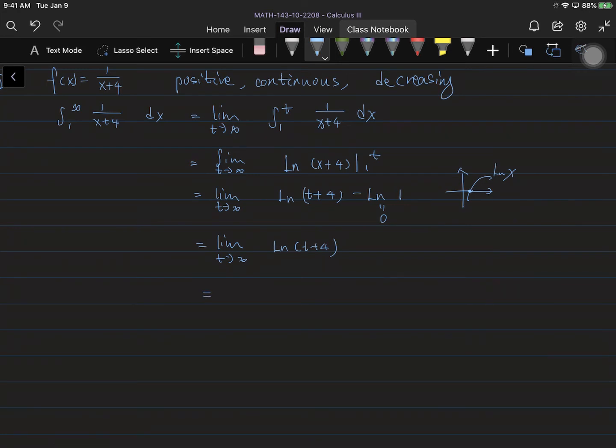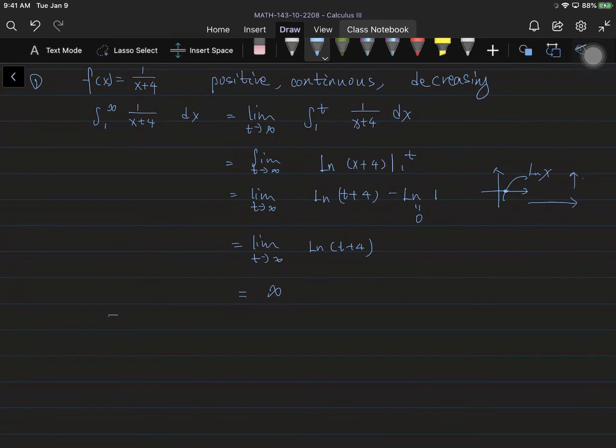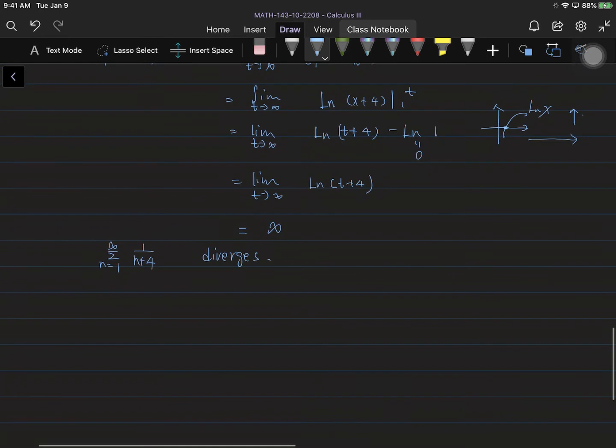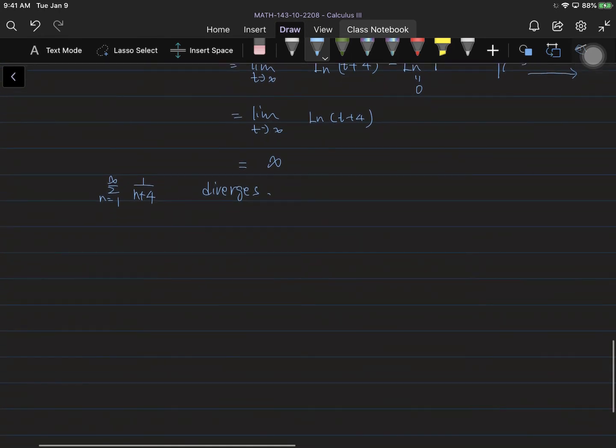You can see here, when t goes to infinity, y goes to infinity, right? So this is infinity. In this case, our series of 1 over n plus 4 diverges. Okay, that's the answer. Diverges.